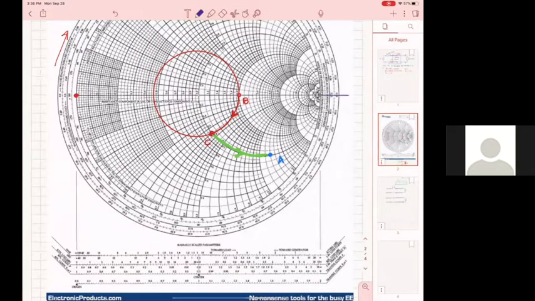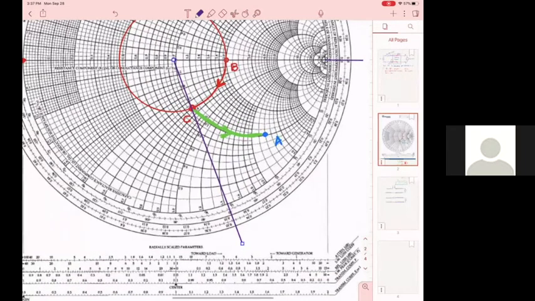I will connect the center of the chart to C, and I will measure the distances.